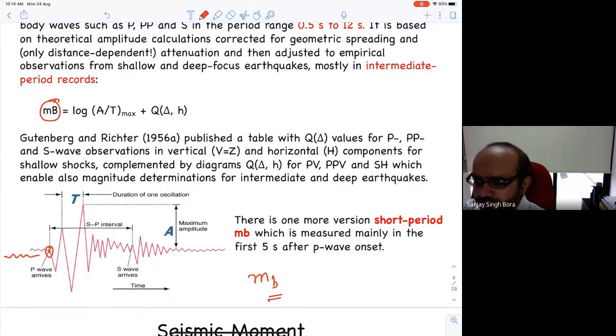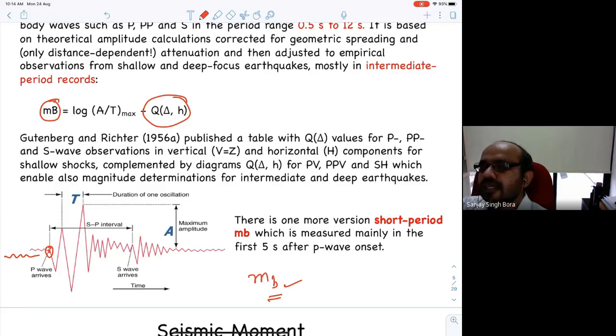P wave is a body wave, right? So they start from the onset of the P wave, when it hits your seismometer. They select the first 5 seconds and take the peak amplitude from those first 5 seconds. It can correspond to a certain frequency range. Then you take the log and make the distance correction, as in the case of ML. That is how you measure mb.